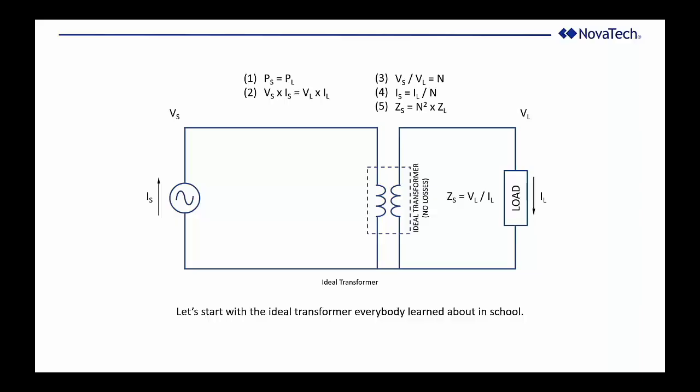So the power going into the transformer from the source is equal to the power delivered to the load. Expanding that into voltage and current vectors, you would say that the voltage on the source side times the current on the source side equals the voltage times the current on the load side. There will be a turns ratio, which develops the load voltage from the source voltage.